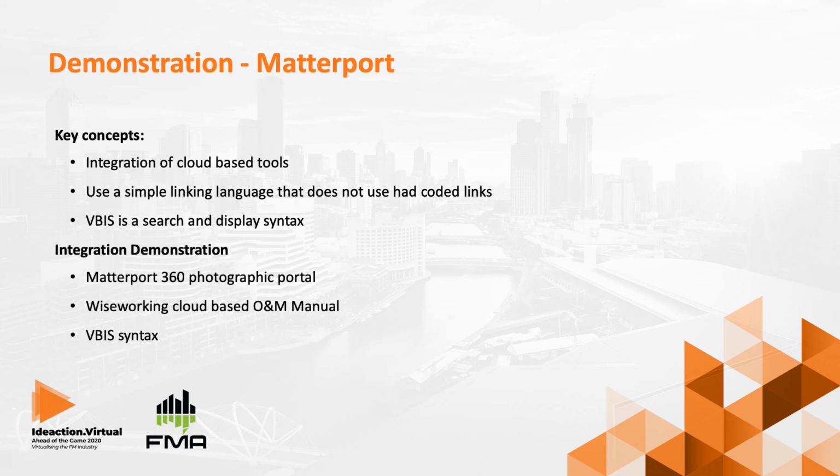The demonstration shows integration of Matterport, a 360-degree photographic portal, Wise Working, a cloud-based O&M manual, and VBIS syntax. You will see the user navigating from within the 3D assembled image to a cloud-based O&M manual, then to an asset record, and back into the 3D model to view a specific asset.